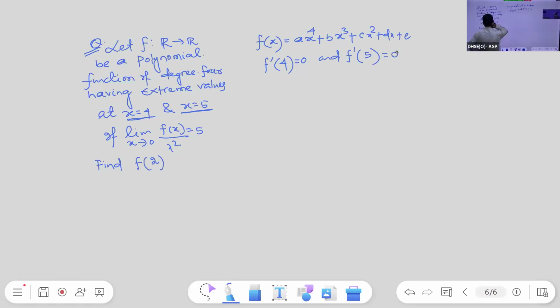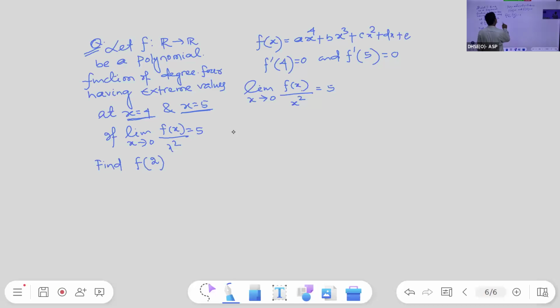Then another data is limit x tending towards 0, f of x upon x square is equal to 5.